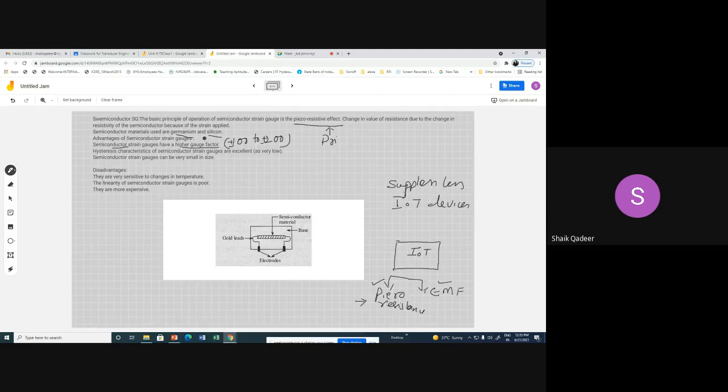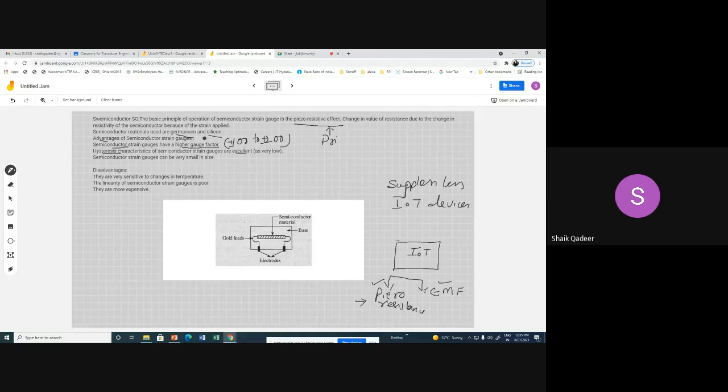Another advantage mentioned here is that the hysteresis effect is excellent. What do you mean by that? As there is no magnetic effect seen in a semiconducting strain gauge, the hysteresis effect looks excellent.